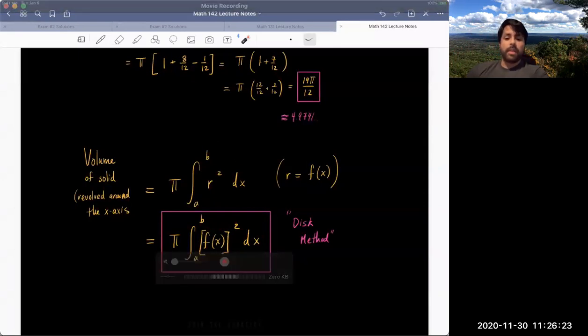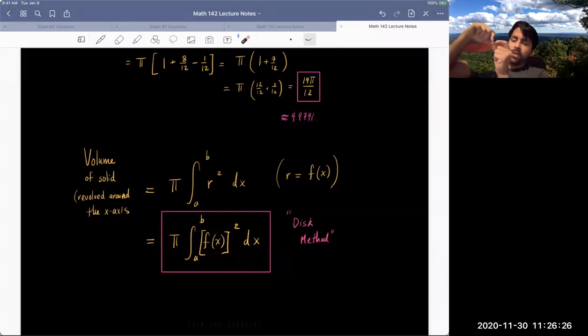This is called the disk method because these are solid disks that we're adding up. The washer method, which we'll discuss, is when we have a ring of disks, disks that have a circular hollowness in them. That's going to be next.